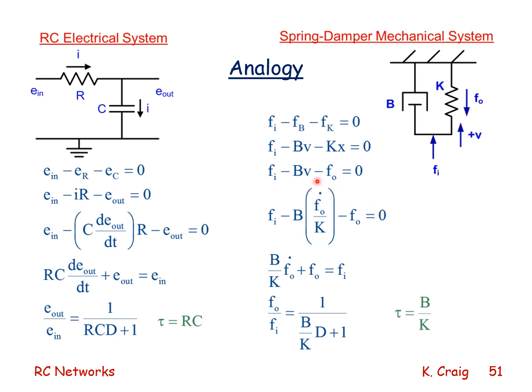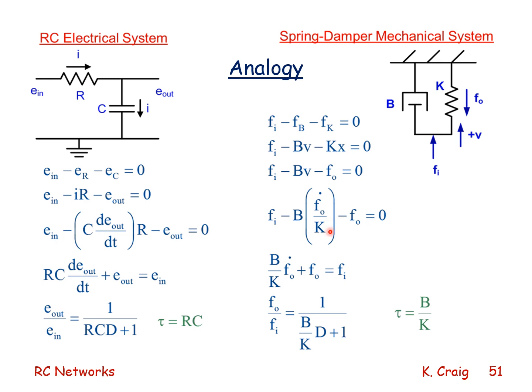Because velocity, since F out is K times X, and F out dot is K times V, and so V is equal to F out dot divided by K.